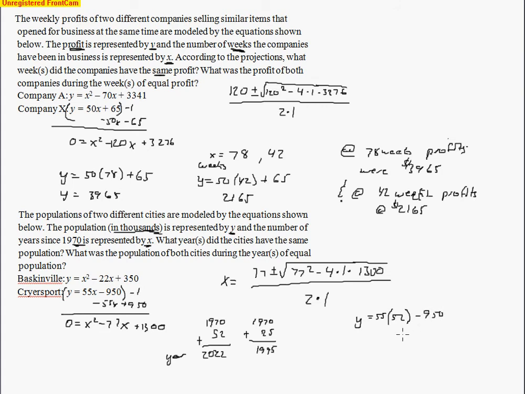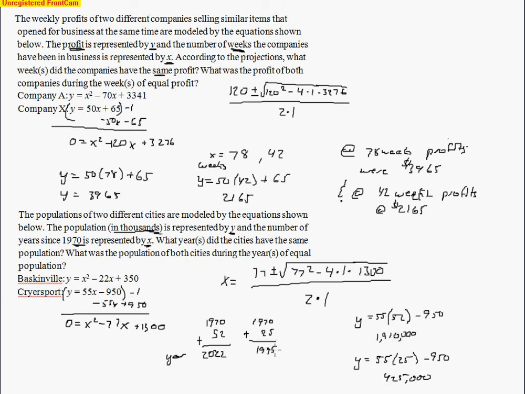So that's one of them, and when I do that work, I end up getting 1,910,000. Wow, lots of people in the towns at that time. And then the next one was y equals 55 times 25, and then minus the 950. And when I do that work, I end up getting 425,000. So that's how many people were in 1995.